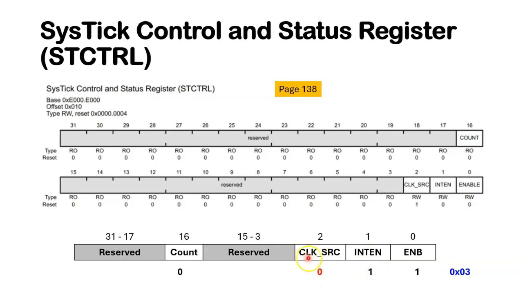And then this clock source, CLK_SRC, is set to a 0 because I want to use the precision internal oscillator divided by 4, and COUNT is set to a 0. That means the SysTick timer has not counted to 0 since the last time this bit was read. So that's why I've used 03 hex in the SysTick control status register.